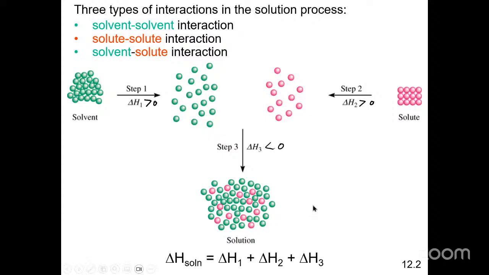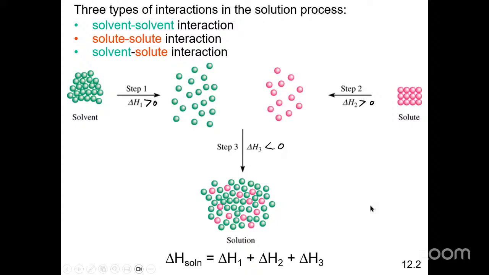So basically, for the overall change in terms of the energy, the enthalpy change of the solution will be equal to the sum of the enthalpy changes of the different processes that we described earlier. Delta H1 plus delta H2 plus delta H3 is going to be equal to delta H of the solution. And whether or not delta H of the solution is exothermic or endothermic, of course, is dependent on the relative magnitudes of these delta H values.